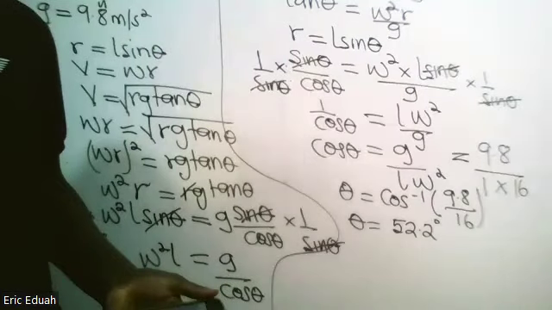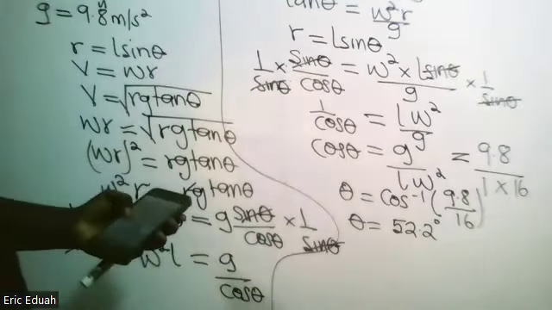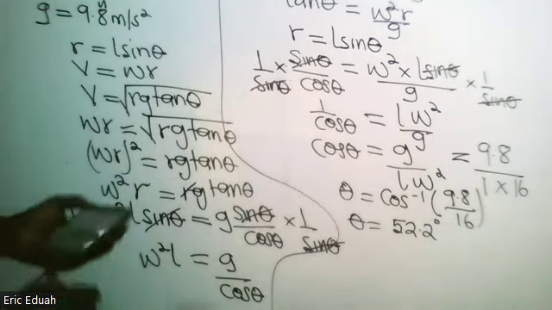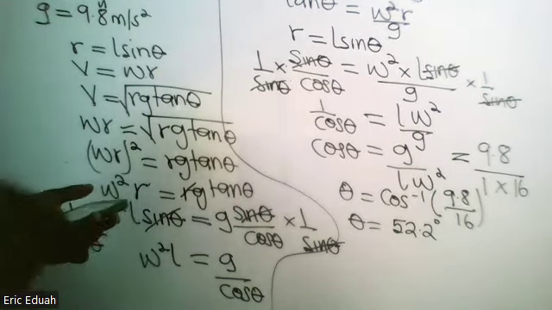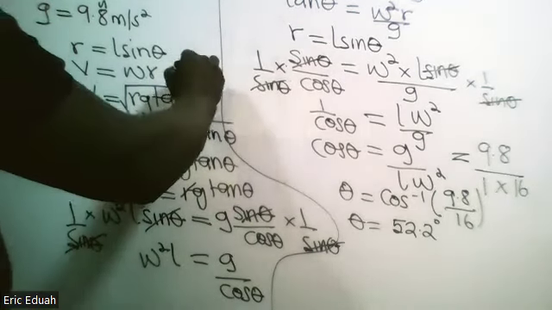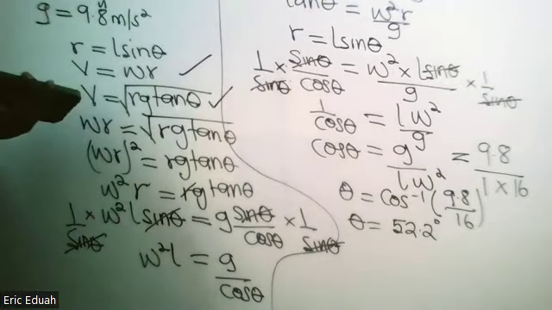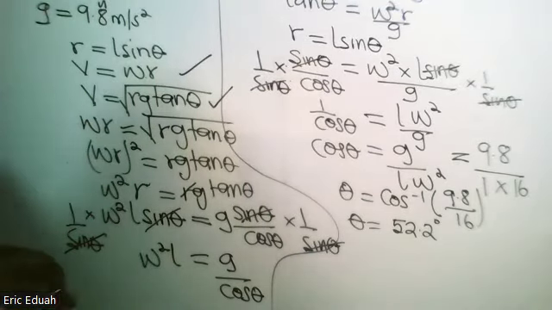The third question is the linear velocity. Once we have theta, this can do, this can also do, and you get the same results.